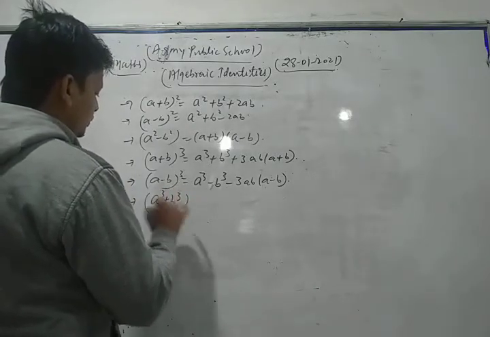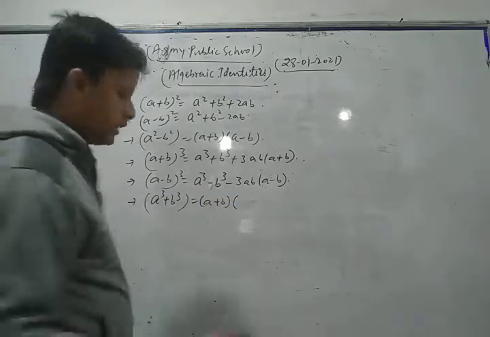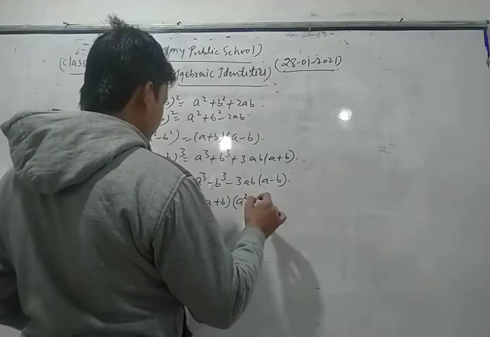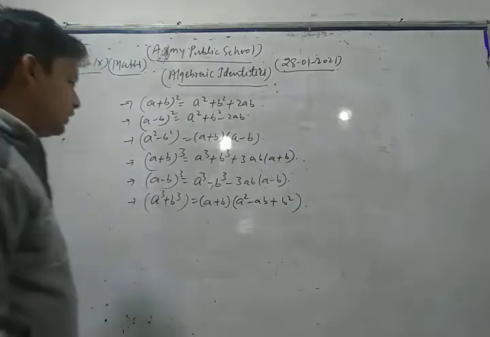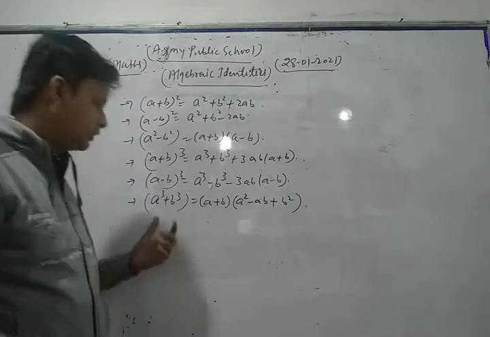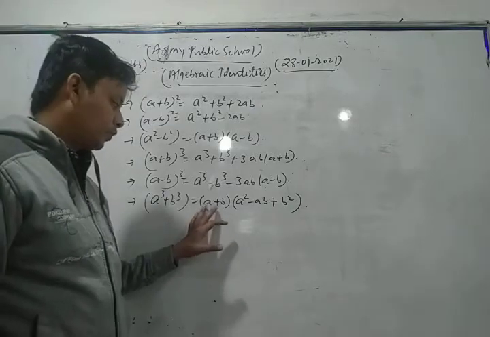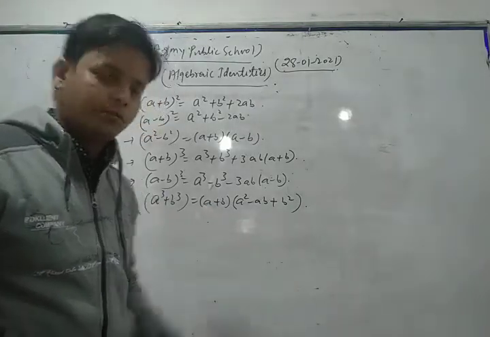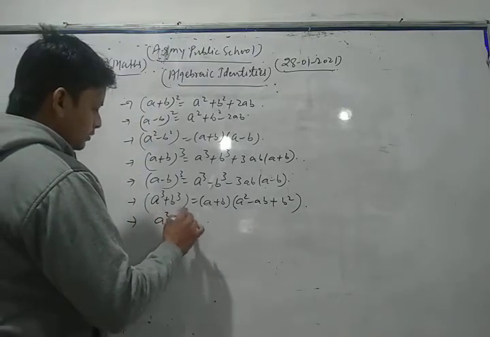Now the next algebraic identity is a cube plus b cube, which is (a plus b) in one bracket, and in another bracket a square minus ab plus b square. Now next one is a cube minus b cube.